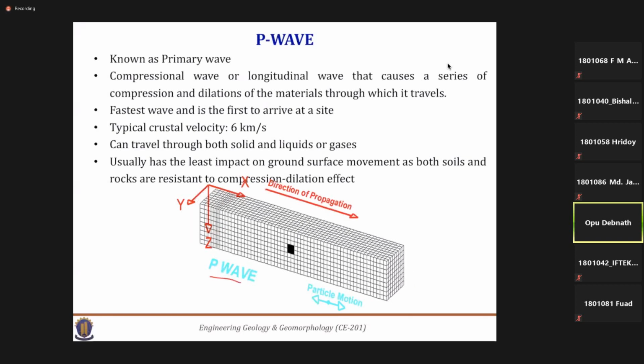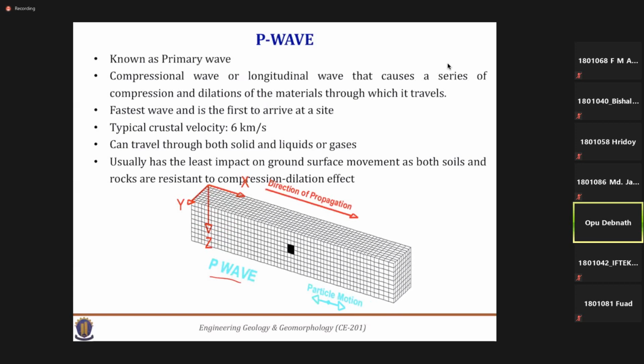Among all waves we will consider two things. First is the direction of wave propagation, considering three dimensions, and another important point is the direction of particle movement. The variation actually occurs in these two points.